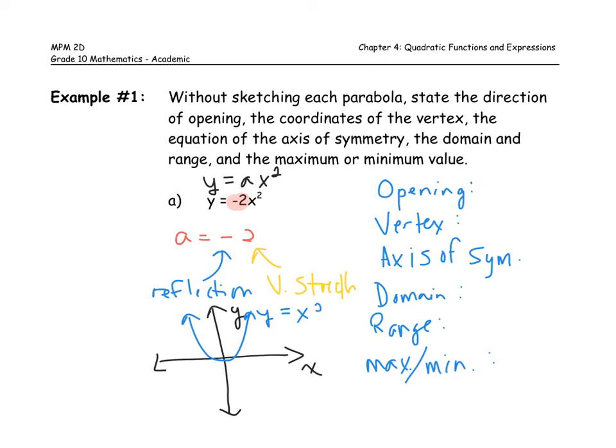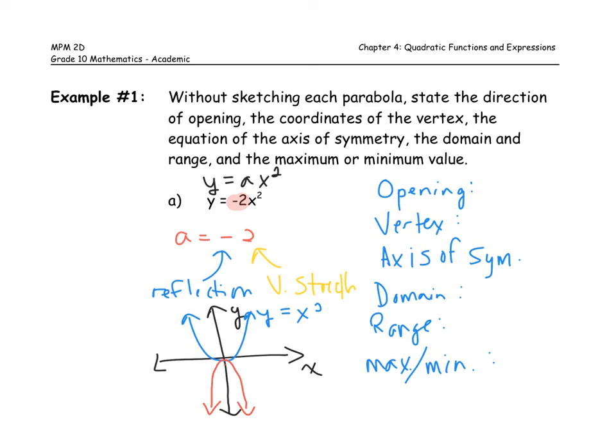How is this other graph going to compare? Well, it's reflected, but it's also stretched vertically, so it's going to be about twice as tall, or half as wide if you want to think about it that way. But again, we're just doing a sketch here to visualize. So it's going to be upside down, and it's going to be narrower.